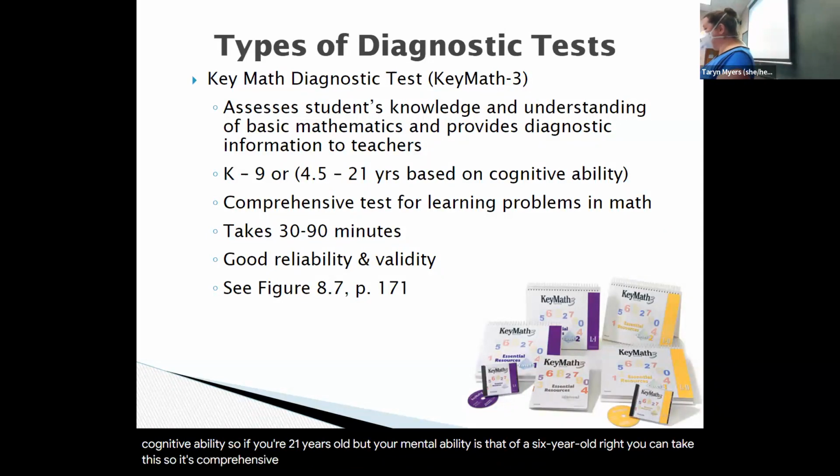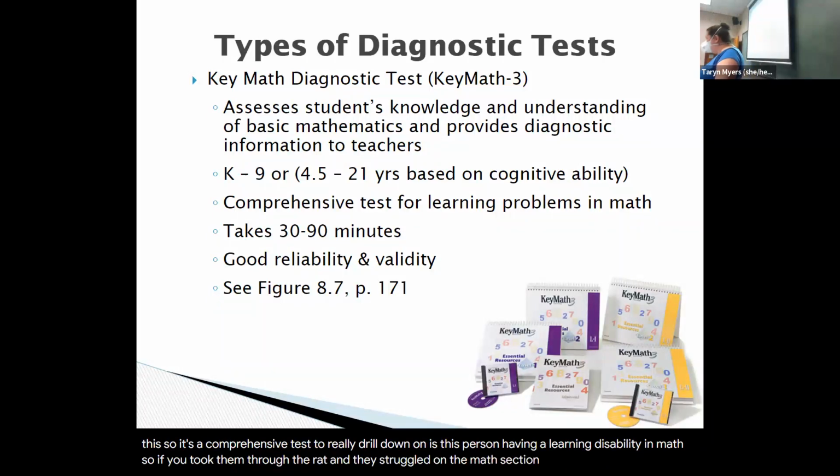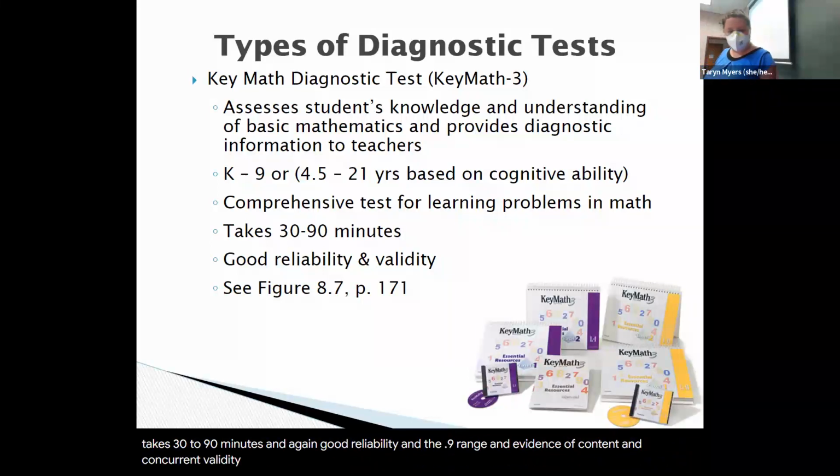So it's a comprehensive test to really drill down on, is this person having a learning disability in math? So if you took them through the RAT and they struggled on the math section, you might give this instead. It takes 30 to 90 minutes. And again, good reliability in the 0.9 range and evidence of content and concurrent validity.